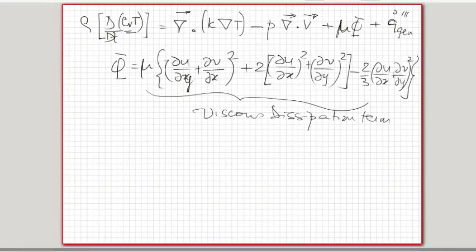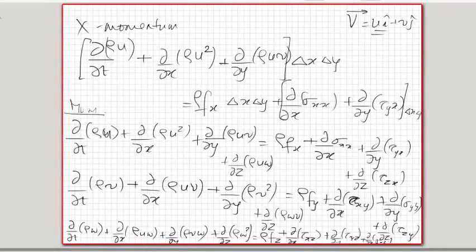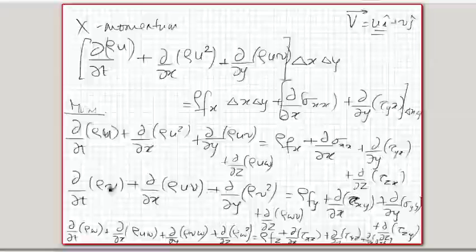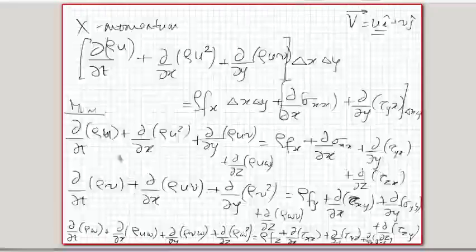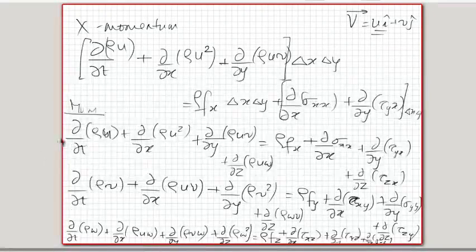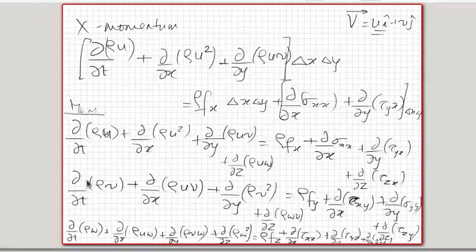So this is the momentum equation in the x direction, and this is the momentum equation in the y direction. I take this equation multiplied by u, this equation multiplied by v, and add the two together. So what will happen? I'll have a u ∂/∂t of ρu, and a v ∂/∂t of ρv getting added together.